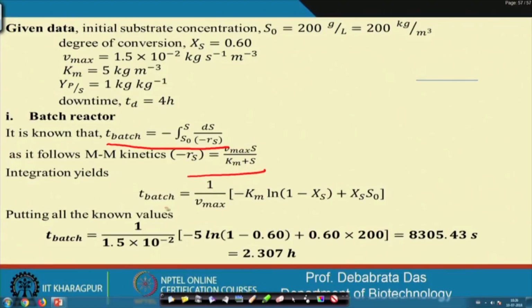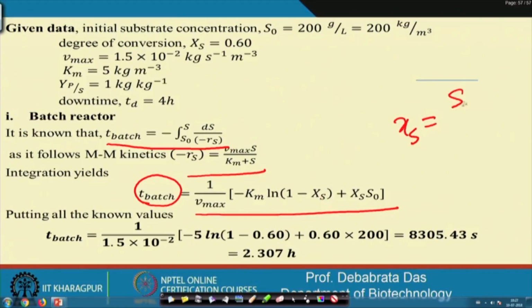Am I right? And by integration we have already found this expression, that t batch equals 1 by Vmax times K minus Km ln 1 minus Xs into S0. This we can easily find out. And Xs, what is Xs? It is the fraction of substrate that is converted.